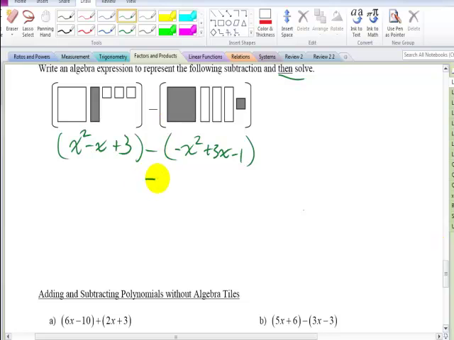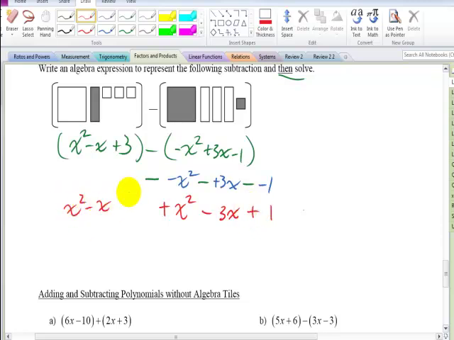We need to go minus negative x squared minus plus 3x minus negative 1. Please fix your signs now. Notice I'm not changing numbers or letters, but what does my signs change to? Positive. So positive x squared minus 3x, positive 1.